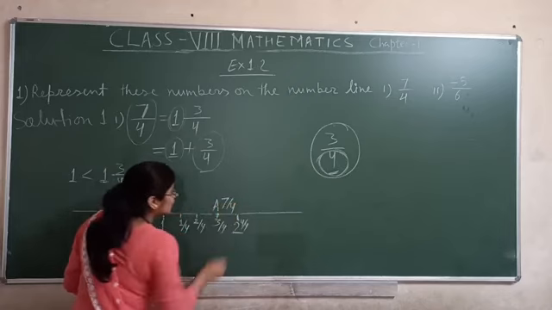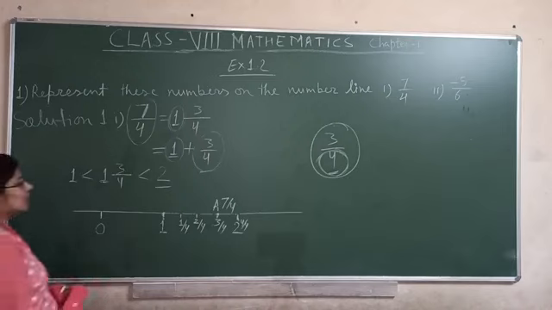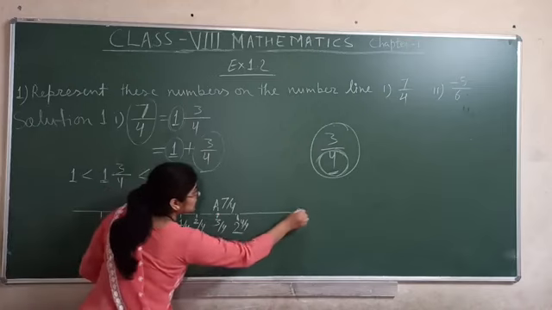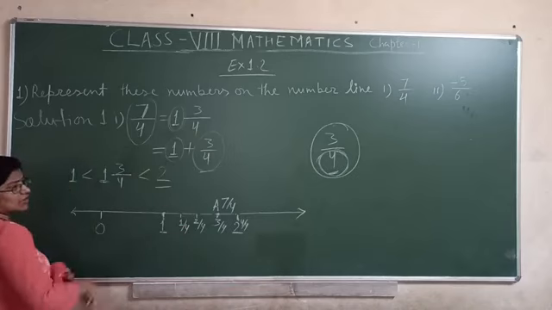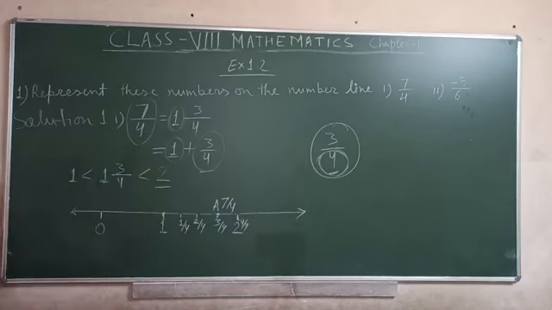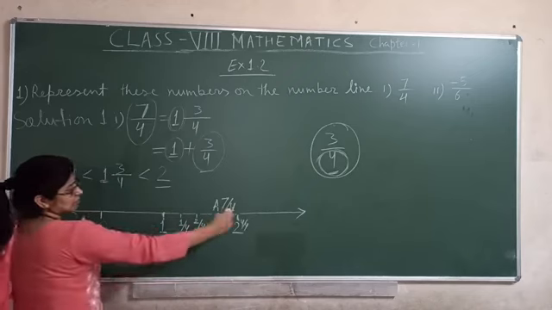Like that way you have to draw 7/4 on the number line. Point A represents, this is a line, so both sides you will draw arrows. Okay, when you have to take a positive number, we will draw the positive part.